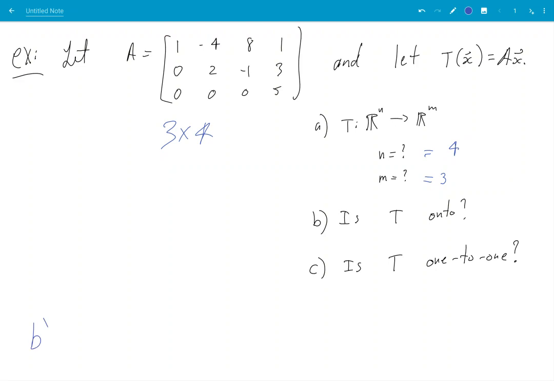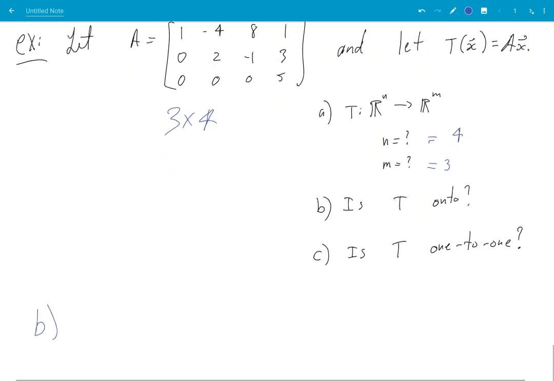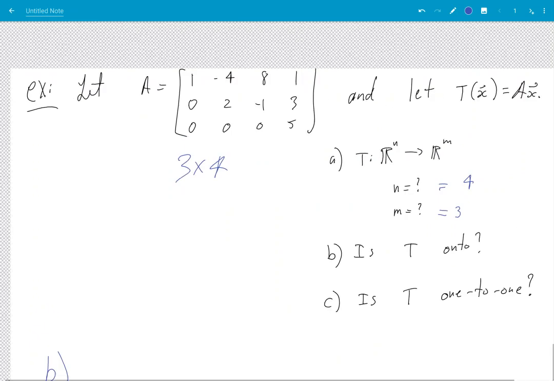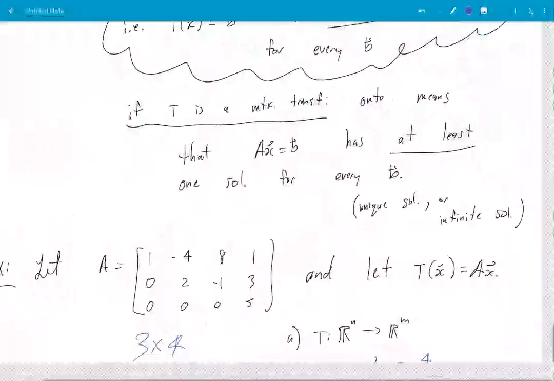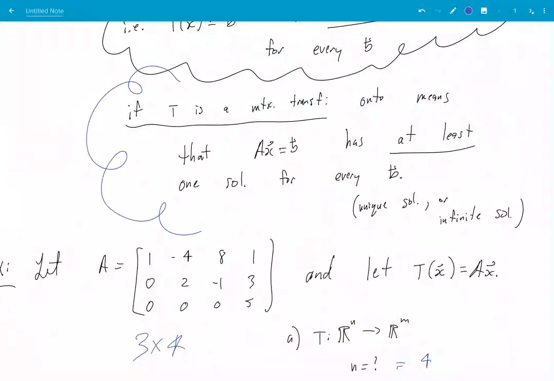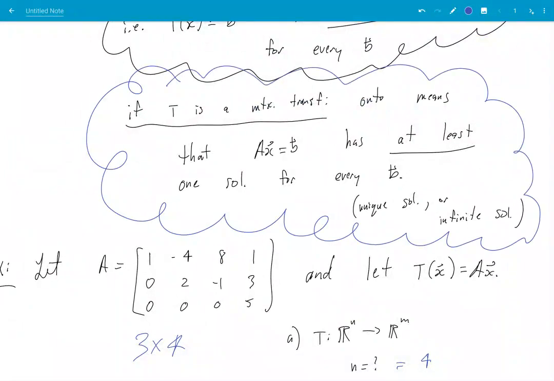B. Is it onto? Well, let's have a look-see at my thought bubble here. So if you have a matrix transformation, I need to look at this system here and ask myself, does it always have at least one solution?